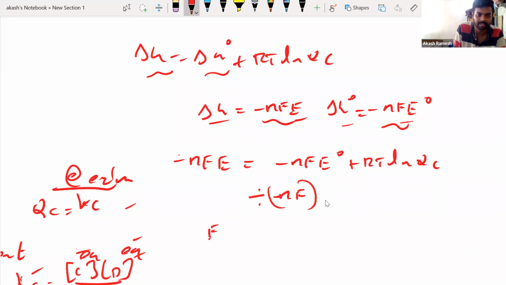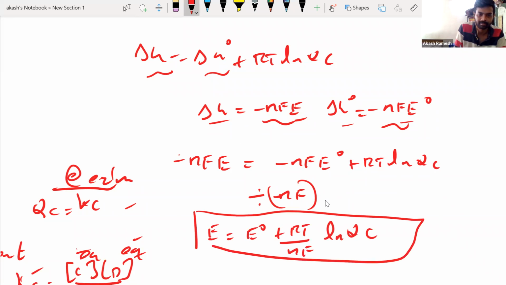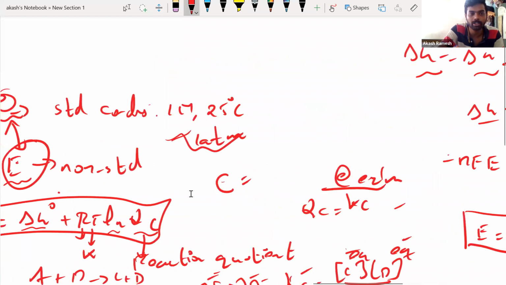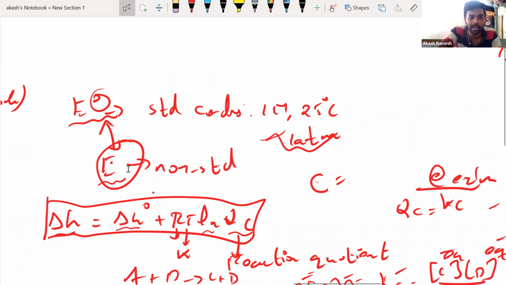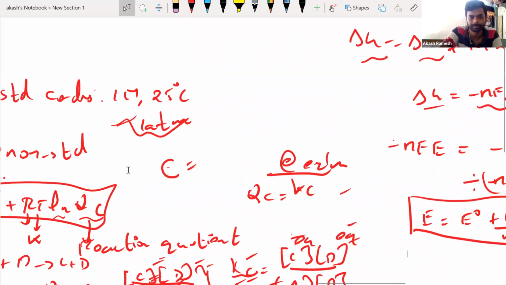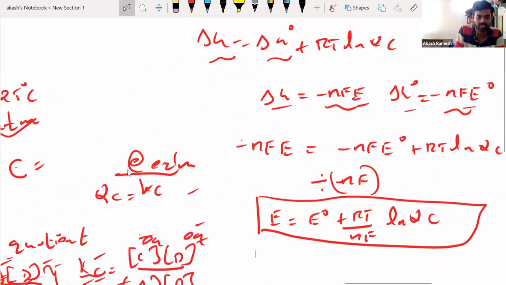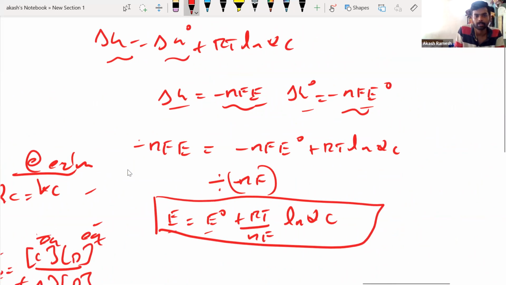So E is equal to E naught, because minus NF gets cancelled, plus RT by NF ln QC. We started all this to get a relationship between E naught and E, and we got it.